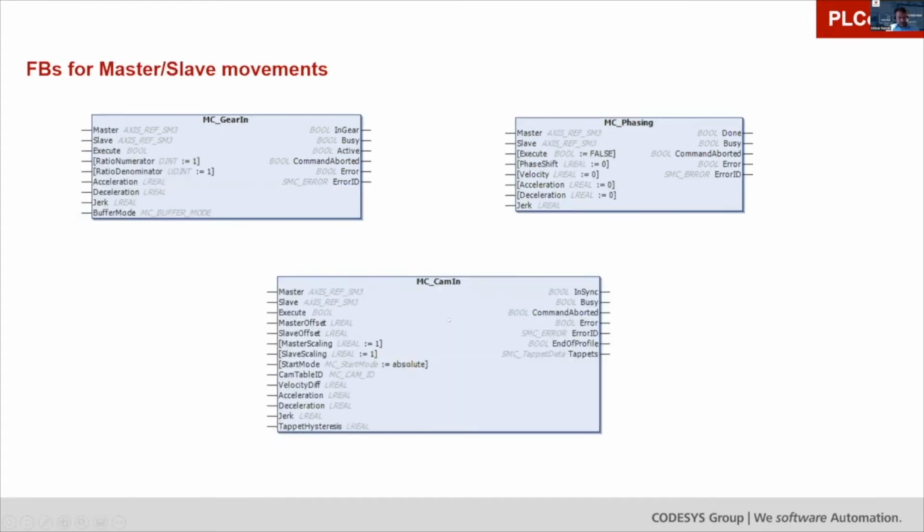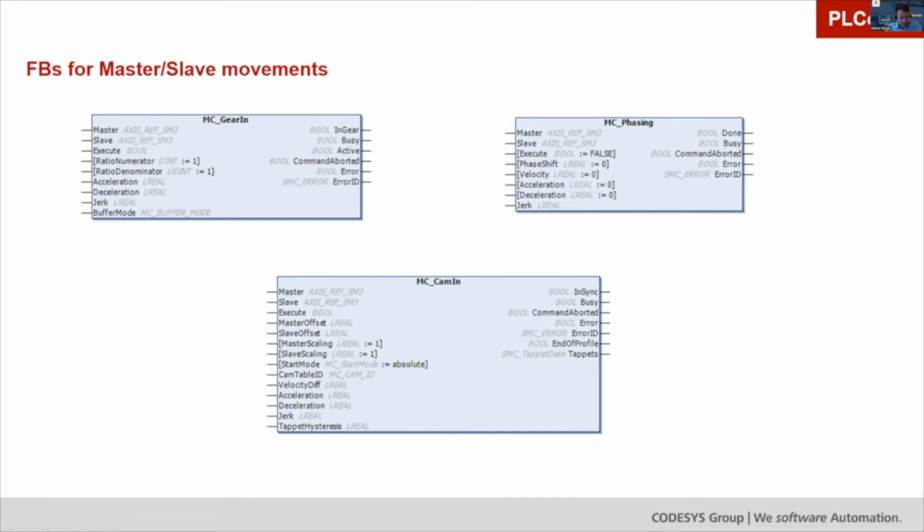Let's see another category. These are the master-slave movements. Three examples of this category. One is the MC gear in, used to have a certain ratio between the velocity of the master and the velocity of the slave. So the master is just used as an input.